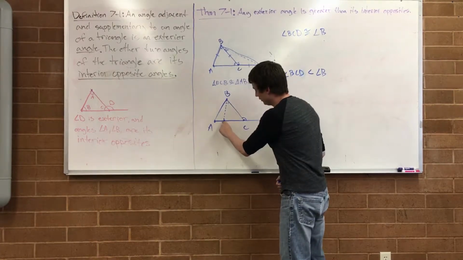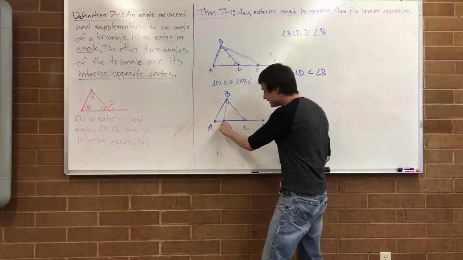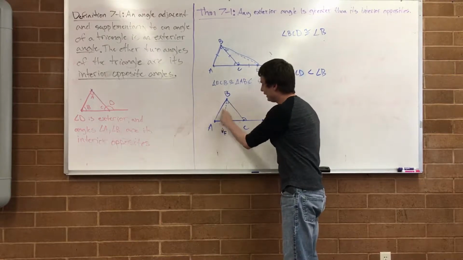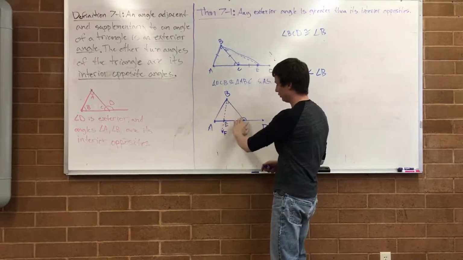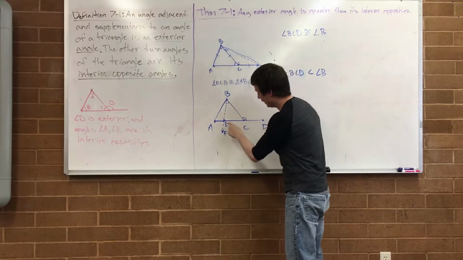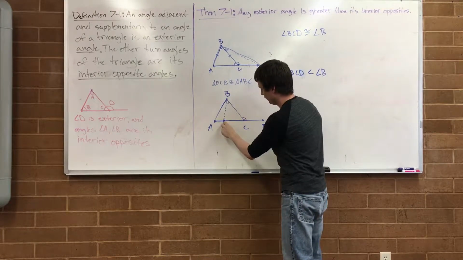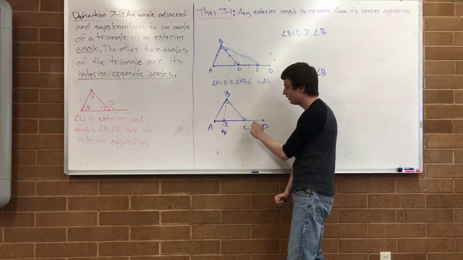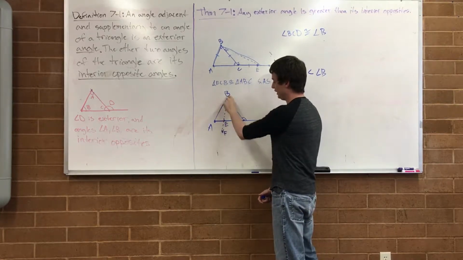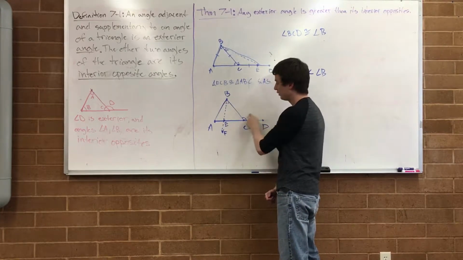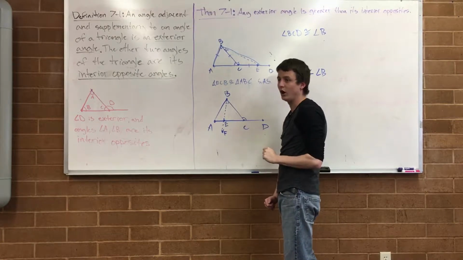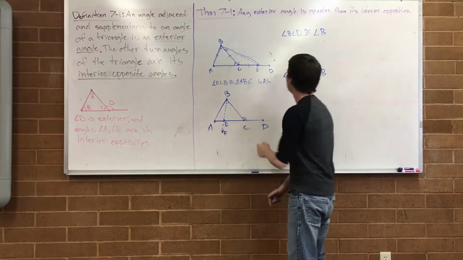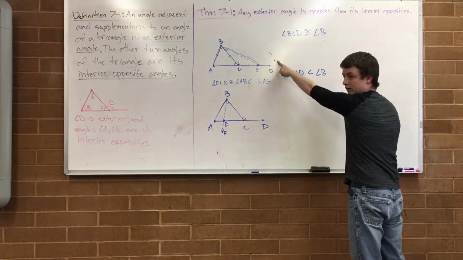So now notice, this angle is congruent to this angle, right? And so now we have this angle, angle DCB, is an exterior angle of triangle EBC, and it's congruent to one of its opposite interior angles. What did we just show was impossible up here?